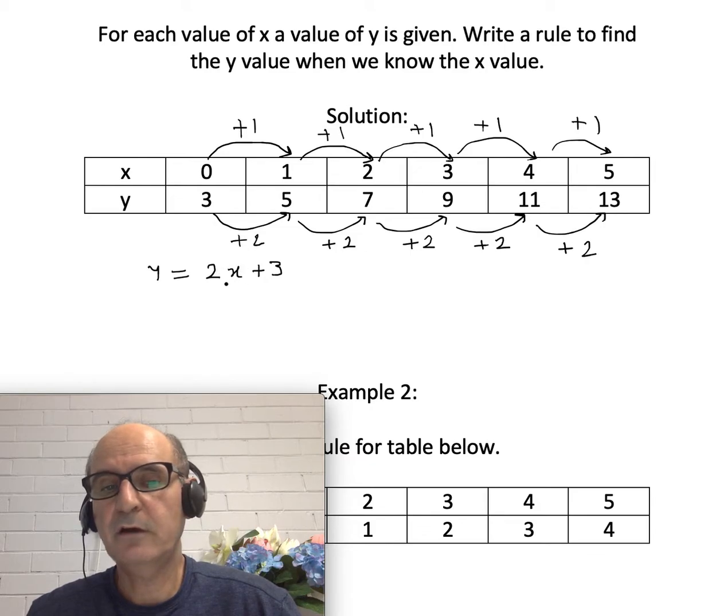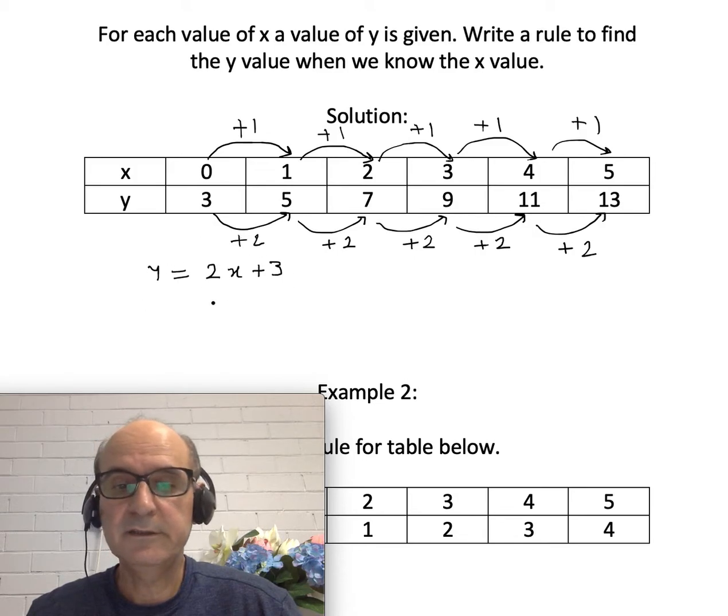Remember, there is a times between, again, 2 and x. So it's going to be 2 times 3. And 2 times 3 is 6. Plus another 3 gives me 9, which is correct. And you can check for any other x values, and you will see that it is giving you the right value for y. This is the rule. Okay, this is the rule for this table.